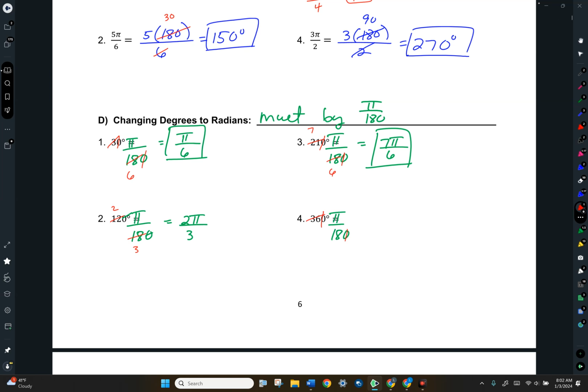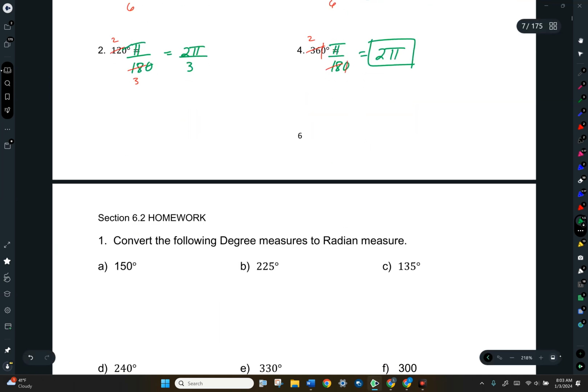So basically, they cancel and it just leaves a 2 on top. So this is just going to be 2 pi, which hopefully makes sense, because if pi is 180, wouldn't 2 pi's be 360? Okay, so that is section 6.2.